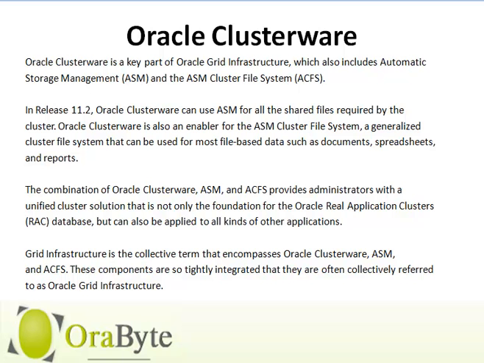Oracle Clusterware is also an enabler for the ASM cluster file system, a generalized cluster file system that can be used for most file-based data such as documents, spreadsheets, and reports. The combination of Oracle Clusterware, ASM, and ACFS provides administrators with a unified cluster solution that is not only the foundation for the Oracle Real Application Cluster databases but can also be applied to all kinds of other applications.